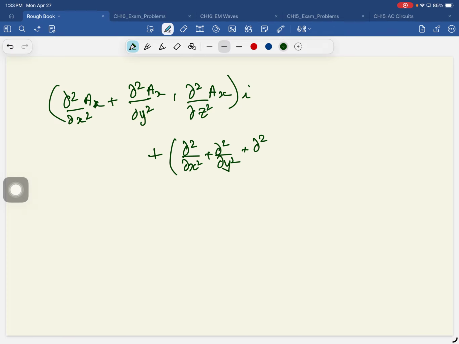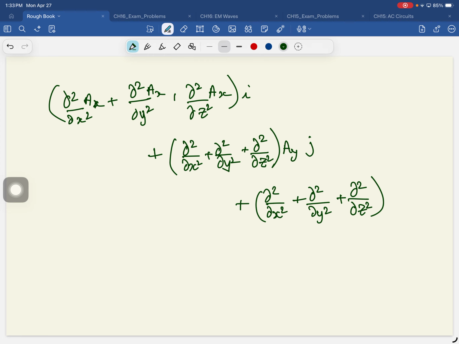This is a very fundamental discovery that Mr. Maxwell made, and it is fairly easy to derive. So it's minus del by del t of epsilon naught mu naught del E by del t.